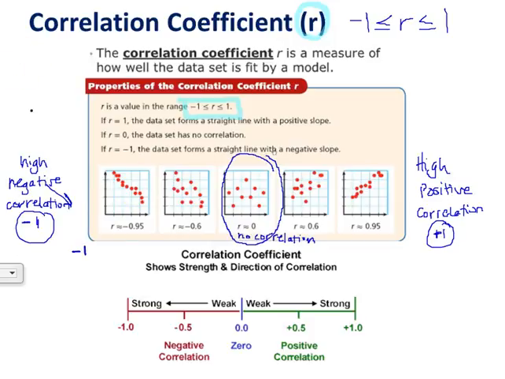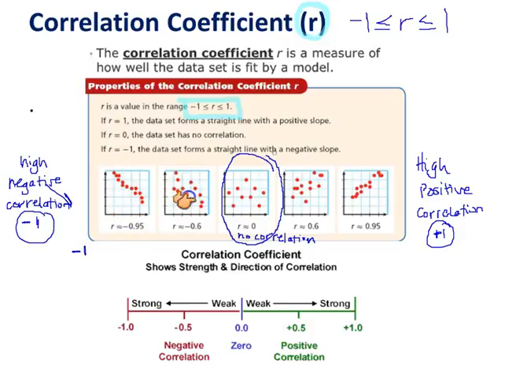You can see that in these diagrams. We've got really tightly packed data points that are falling, so it shows negative correlation. r equals -0.95 is a pretty high negative correlation.